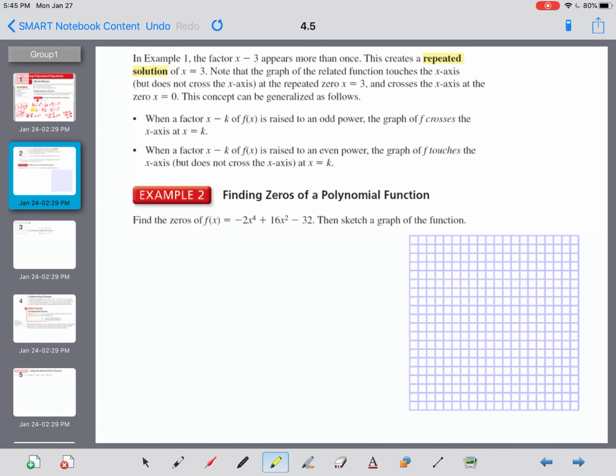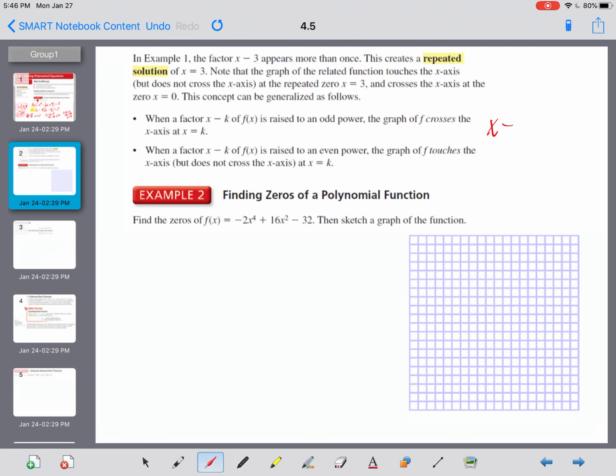Okay, so they've got a little rule about that. If it's just kissing the graph, it's a twicer. If it crosses the graph, it's a oncer. Actually, let me go back. Another thing they might say: if you have a factor to an odd power, the graph crosses the x-axis at x minus k.